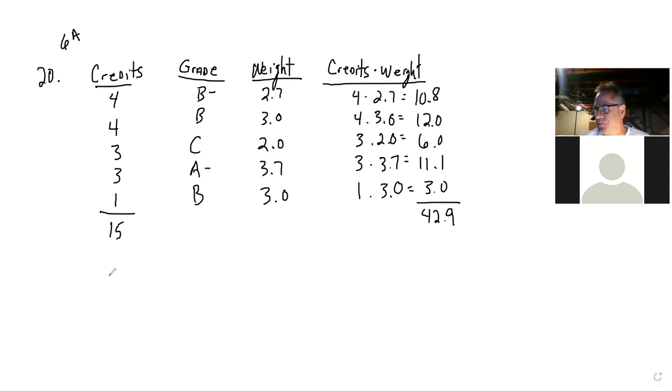So you're going to have 42.9 divided by 15. And that's going to come out to be 2.86. And so that would be your GPA for that semester.